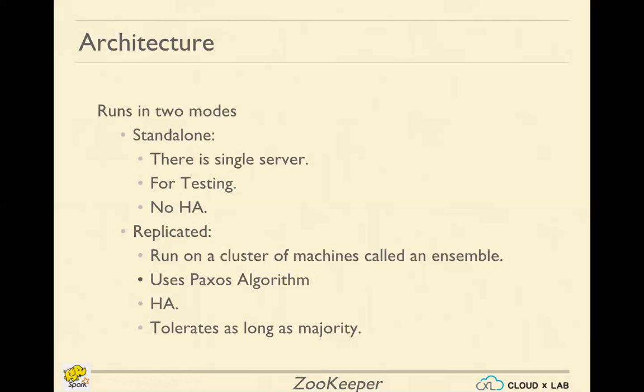And it's not interesting at all because it does not provide high availability, and that's the whole objective of Zookeeper. As we saw just now, even HDFS and all these systems use Zookeeper. So Zookeeper has to be highly available. Therefore, it provides a very interesting architecture. We call it replicated. So how does it work on replicated?